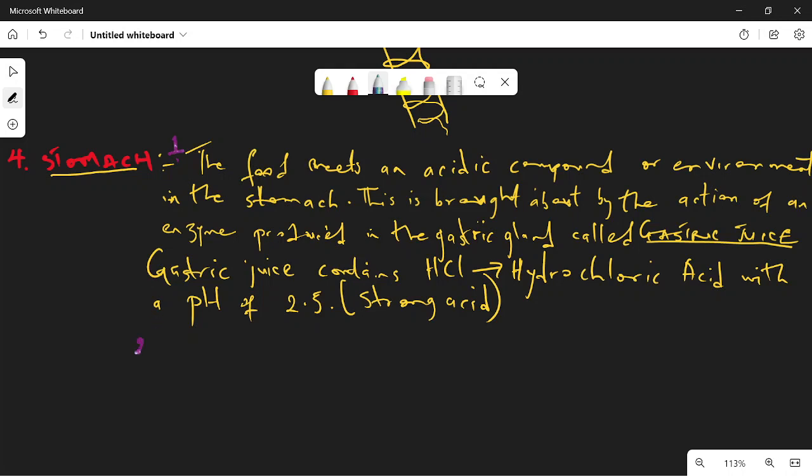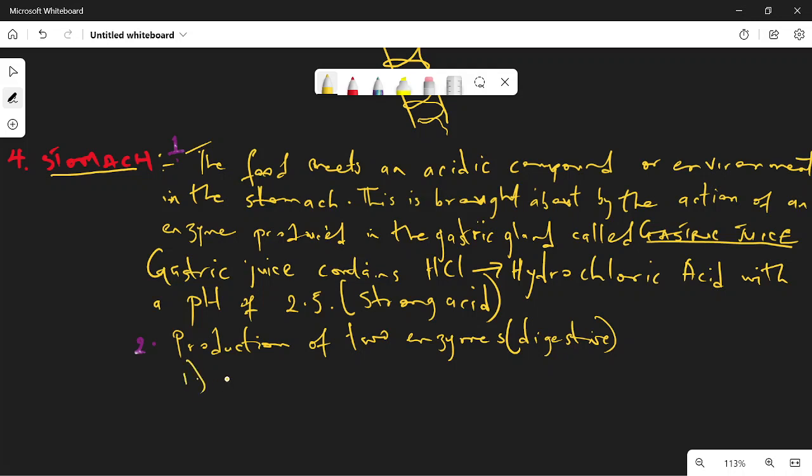Another thing that happens in the stomach, we have the production of two enzymes, or let me call them digestive enzymes. One, we have renin.